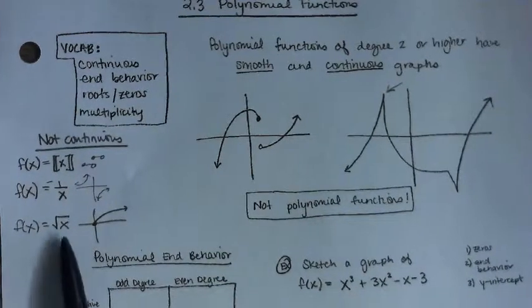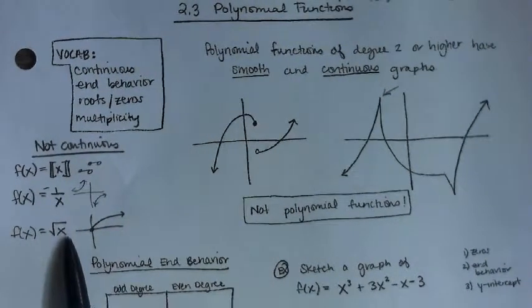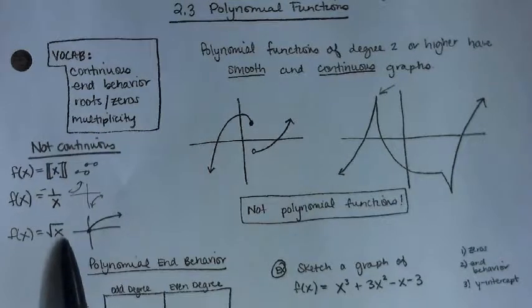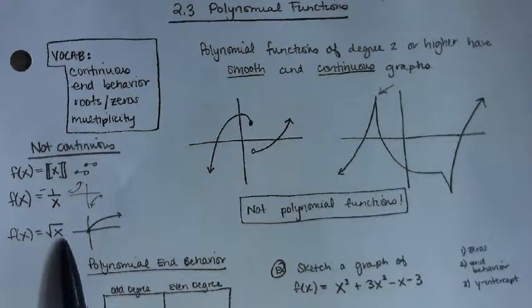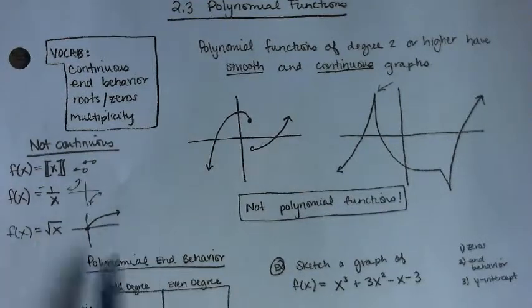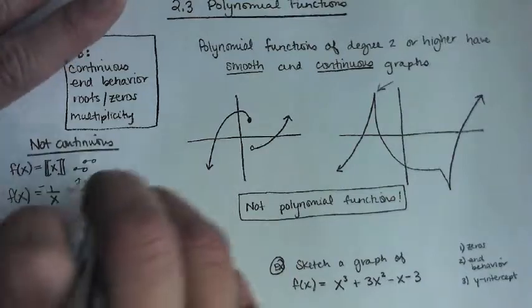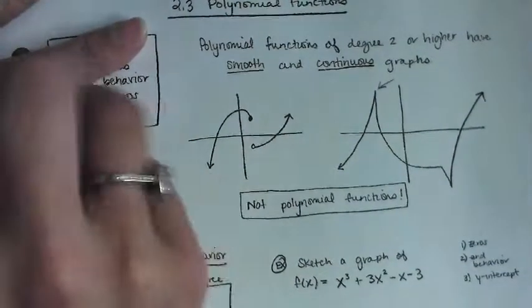Right? This is technically x to the 1/2 power. In polynomials, your exponents have to be integers. They can't be fractions. Log graphs, exponentials. I mean, there's a lot. Shoot, I shouldn't put not continuous then if we're going to include these examples. I'll say not polynomials.